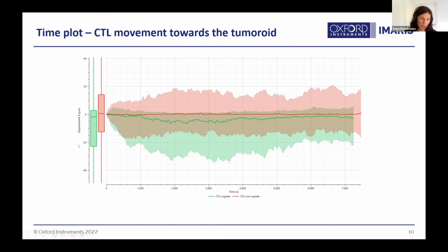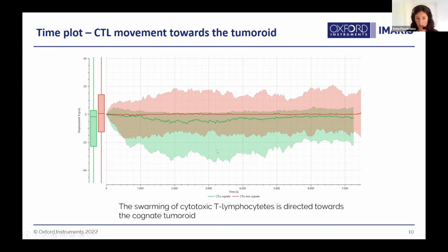So you can see that the displacement is moved more towards the minus, so more towards the tumoroid for the cognate one as compared to a non-cognate tumoroid. So this plot already gives you an answer to the question and enables you to form a conclusion that swarming of cytotoxic T lymphocytes is directed towards cognate tumoroid as compared to the non-cognate one.